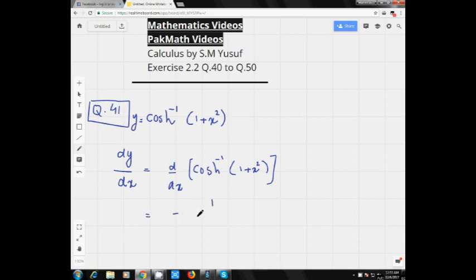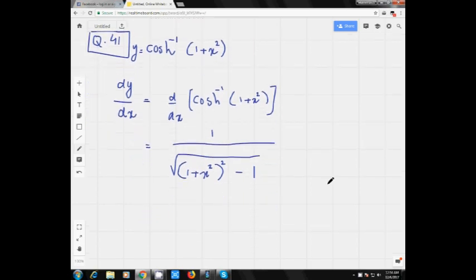This happens to be equal to 1 divided by square root of the angle square, or the element upon which the cos hyperbolic inverse is being applied, its square minus 1. And what is that expression? That expression is 1 plus x square, obviously. We have just used the definition of the derivative of cos hyperbolic inverse, and we have to differentiate this quantity.